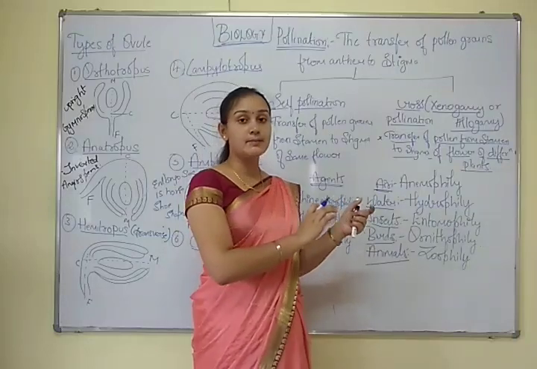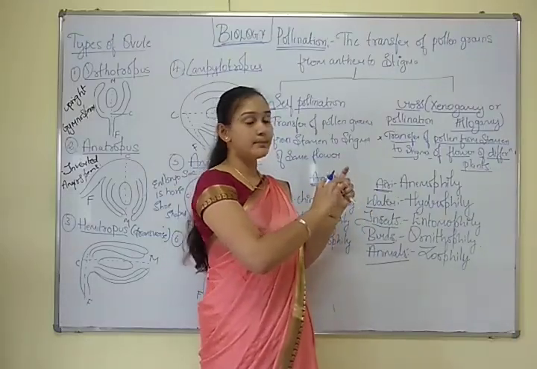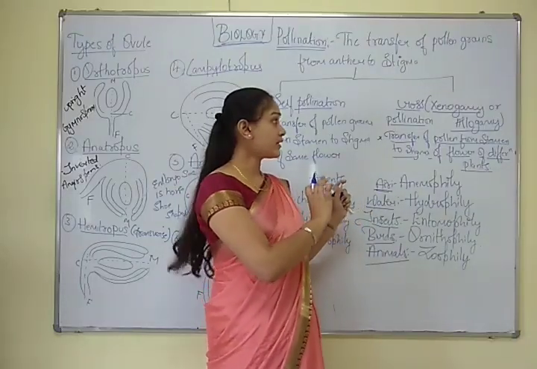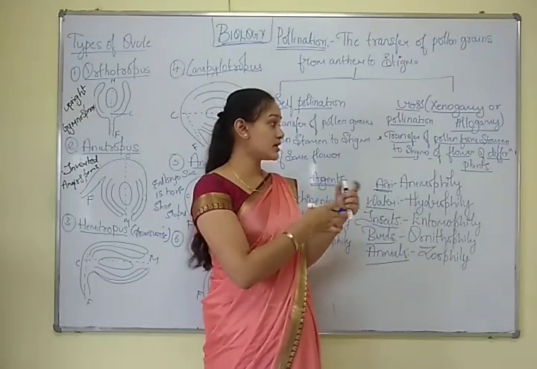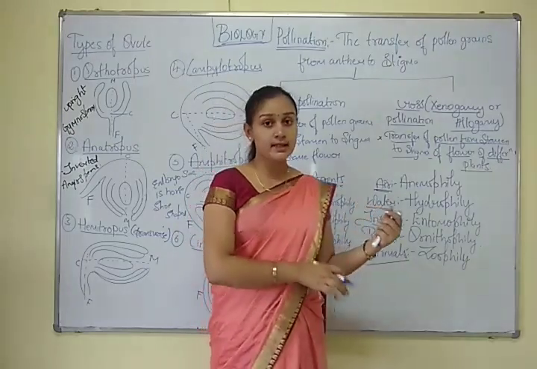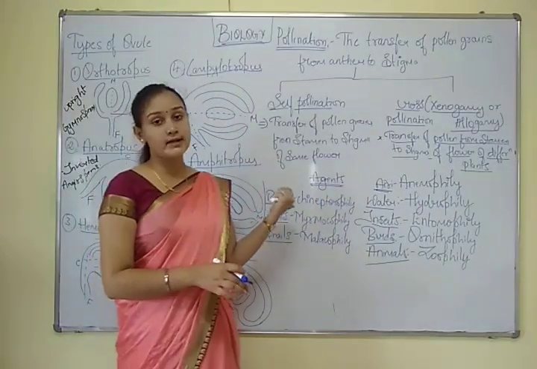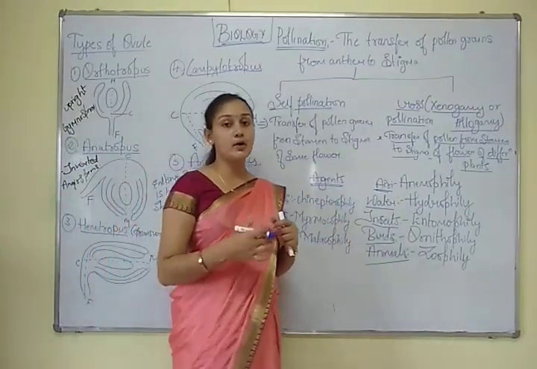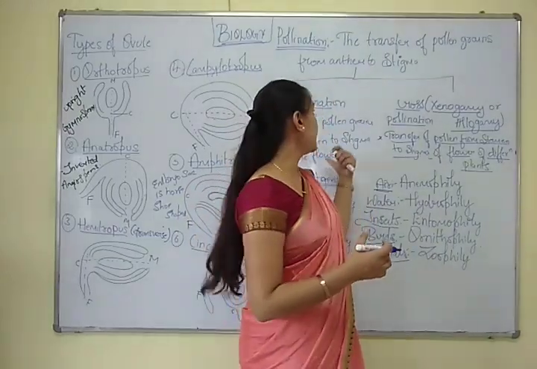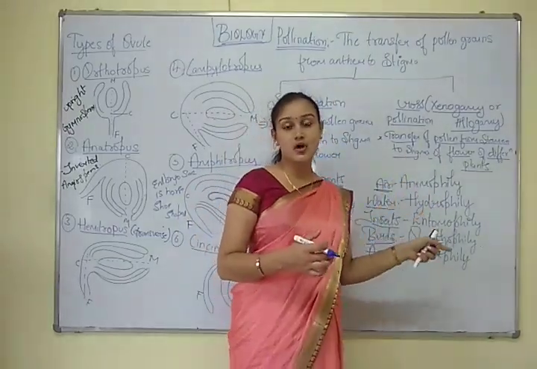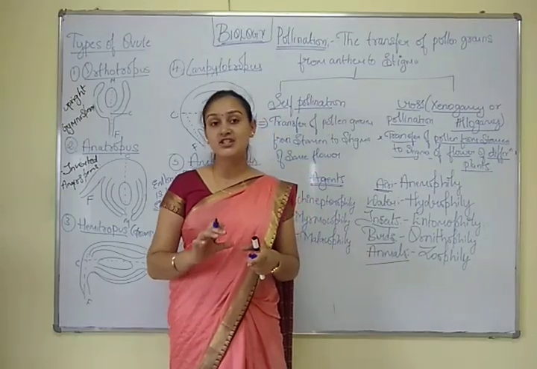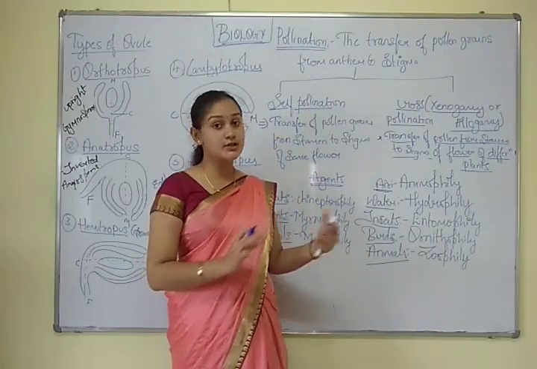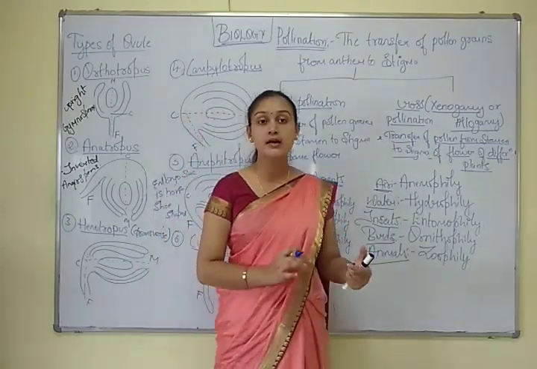The pollination is not taking place as reliably because it is carried out by agents. Whereas the pollination success will be more in self-pollination, and in cross-pollination the success will be less because it depends on an agent.